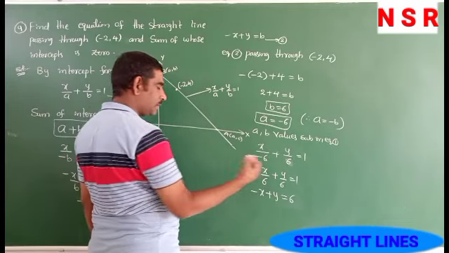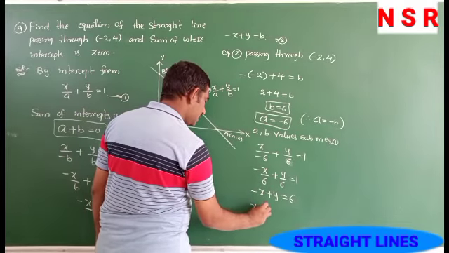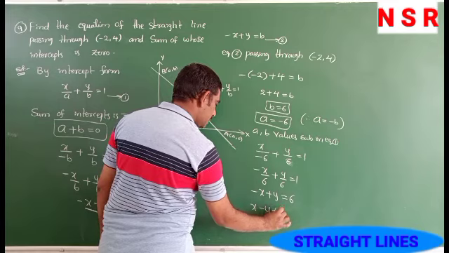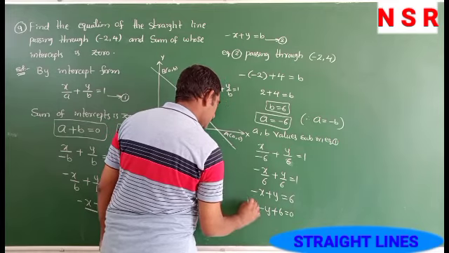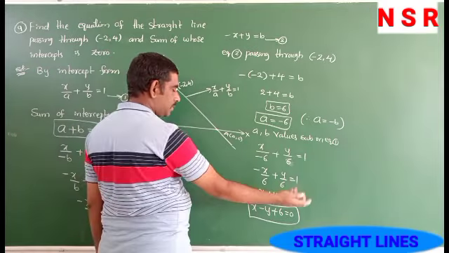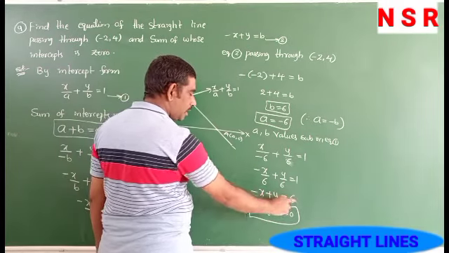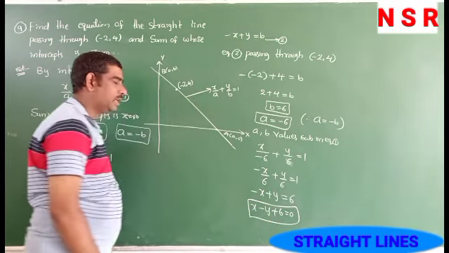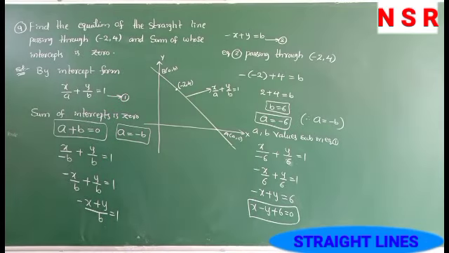So minus x plus y, move that side, we get x minus y plus 6 equal to 0. So minus x becomes plus x, minus y plus y becomes minus y, and we already have 6. So our straight line equation is x minus y plus 6 equal to 0, with sum of the intercepts equal to 0.